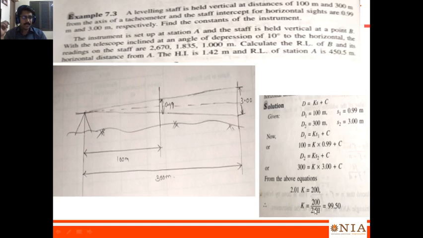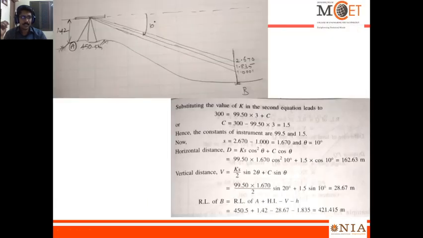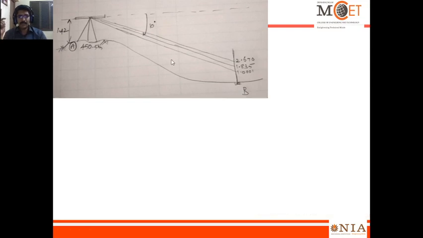If you substitute that K value in any one of the equations, you are able to obtain the value of C. Here we have obtained the value of C as 1.5 meter, right?